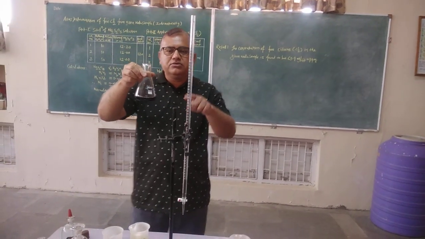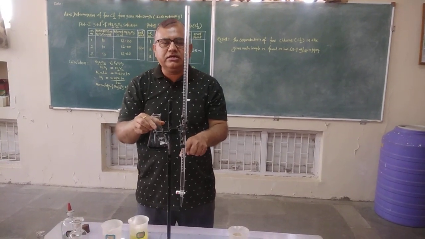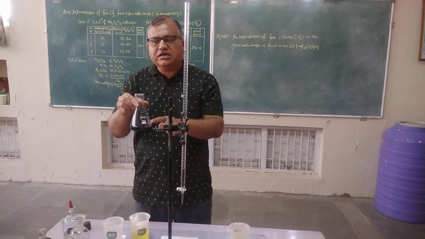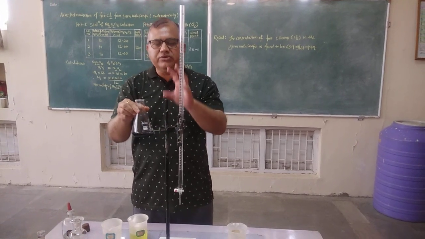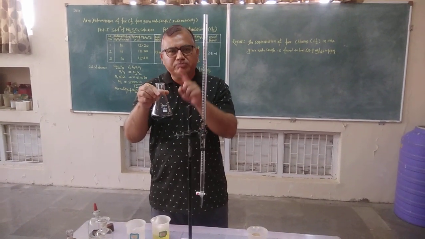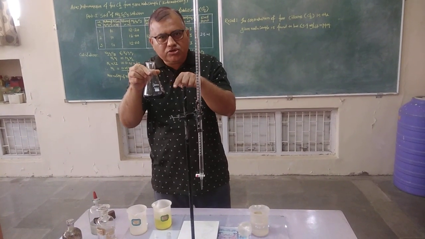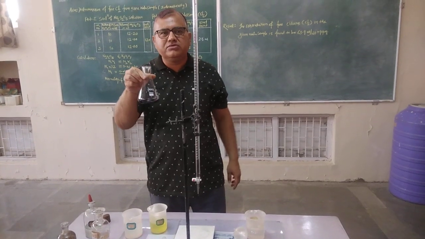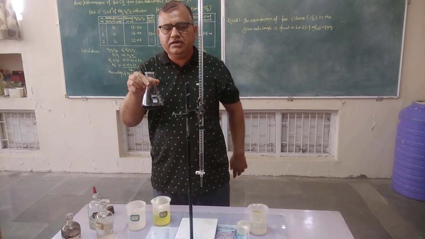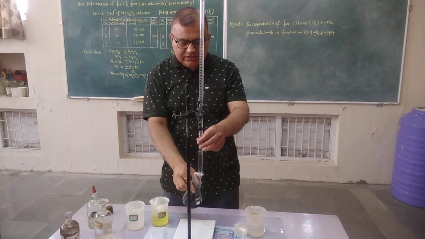Our aim is to continue titrating this solution against Na2S2O3 till this color disappears. When the iodine concentration becomes 0, the I2-starch complex breaks completely and starch is liberated in the conical flask. Its color is colorless, and therefore the solution appears colorless. So this is your exact end point.